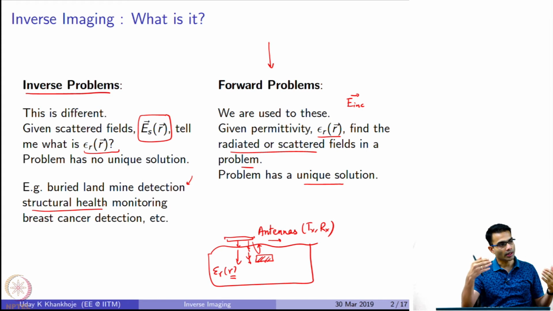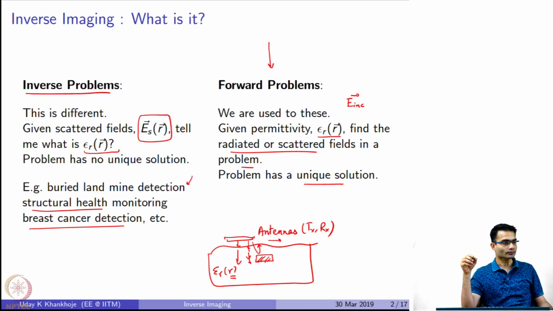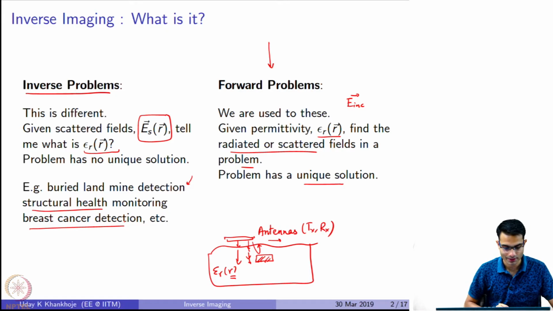But if I can get epsilon r as a function of space, then I can see, oh, there is a crack running through it. So that information is somehow there in the scattered field, and I want to get it back, right? And one other very interesting problem is breast cancer detection. So I will talk a lot about this as we go forward, how it's possible, etc.